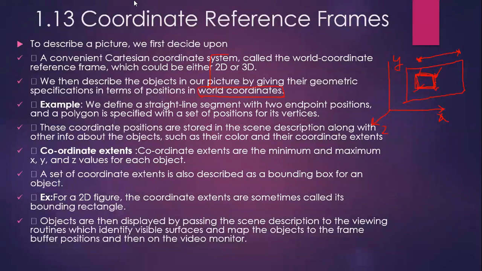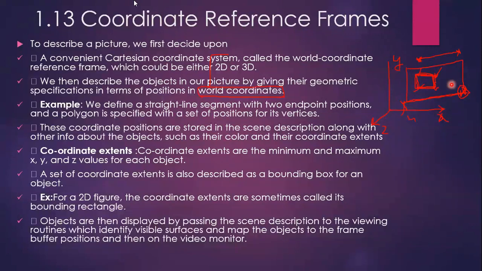Along the x-axis, there will be an x minimum, and similarly at the other end, an x maximum, and y minimum and y maximum values will be present. So that gives a boundary for representing an object on the screen.